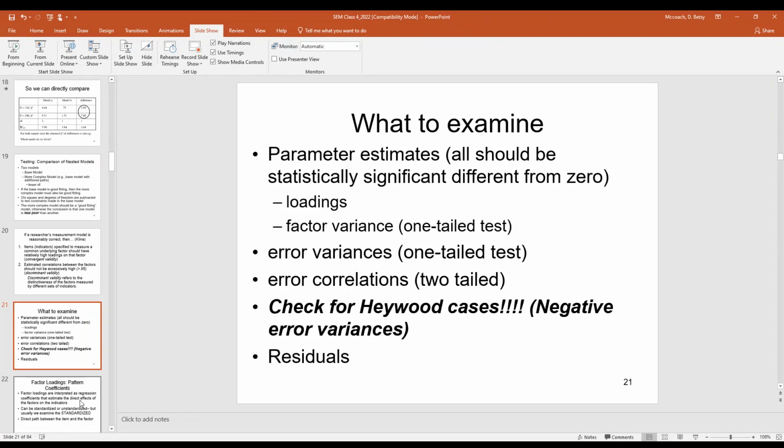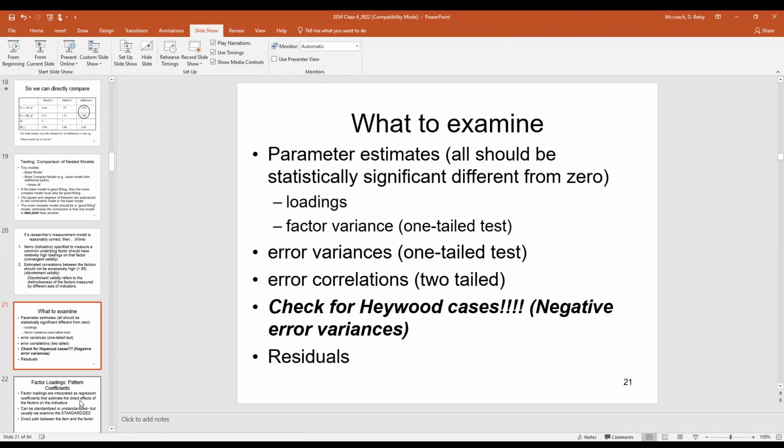I'd like my factor variances to be statistically significantly different from 0. Why? What would it mean if my factor variance isn't statistically significantly different from 0? Sure. Imagine I have a model and I'm estimating a factor, and the variance of that factor is not statistically significantly different from 0.